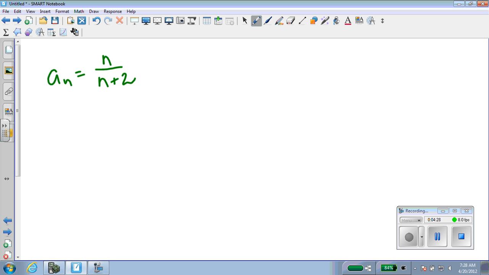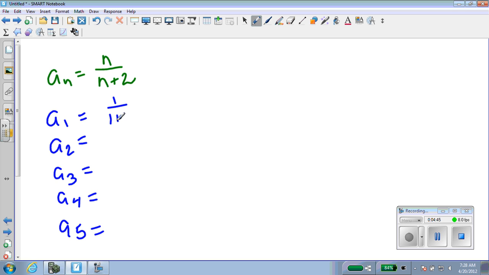If this is the functional formula for our sequence and we want the first 5 terms, A sub 1 would be 1 over 1 plus 2. A sub 2 would be 2 over 2 plus 2.